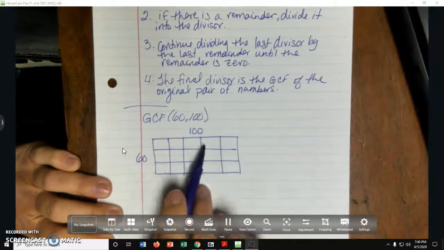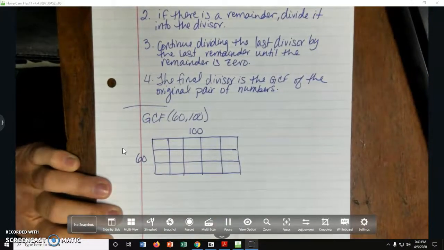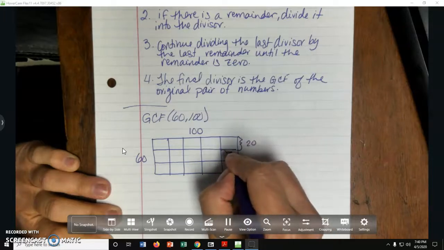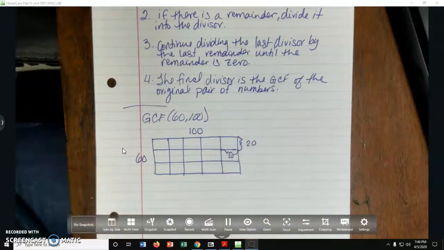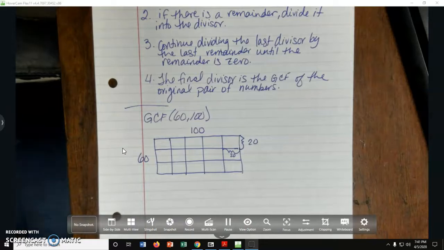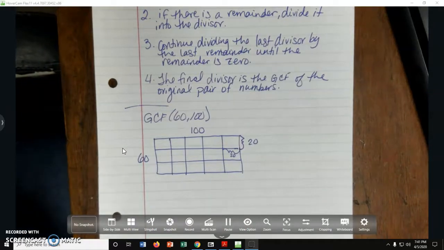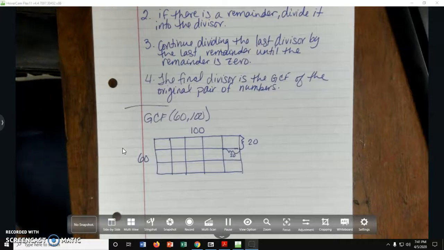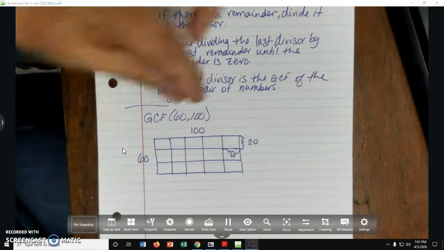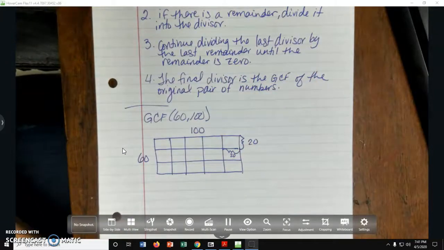So if each of our squares was a 20 by 20 inch square, 20, 40, 60, 80, 100, 20, 40, 60 going this direction. Notice that we can use the greatest common factor of 20 to create the largest square tile that covers the rectangle without any overlaps or gaps. Okay, so we used a 20 by 20.